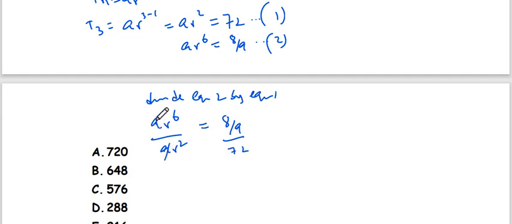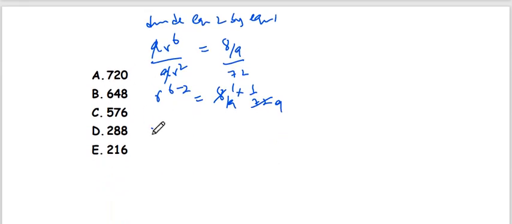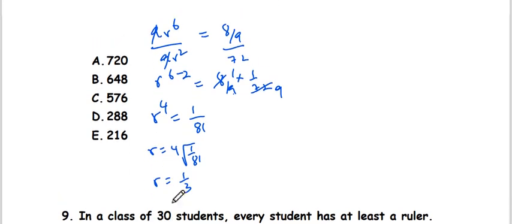So A cancels out A. That's R raised per 6 minus 2 is equal to 8 over 9 times 1 over 72. So 8 into 72, that's 9. So R raised per 6 minus 2, that's 4, is equal to 1 over 9 times 9 is 81. So R is the 4th root of 1 over 81. That's 1 over 3. Our common ratio, the 4th root of 1 over 81, is 1 over 3.